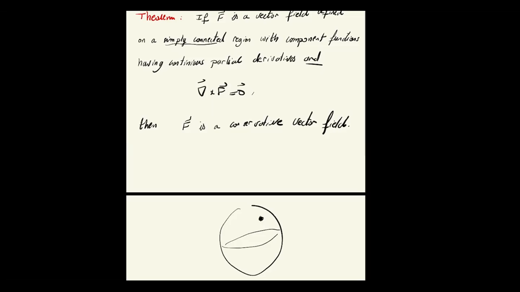When there is a hole, there will be a problem with what the boundary is. If there is no hole, the boundary is clear. It's just what you can see. But when there is a hole, you cannot really apply it. So this is a theorem that we're going to prove, but not now. We're going to prove it using Stokes' theorem.